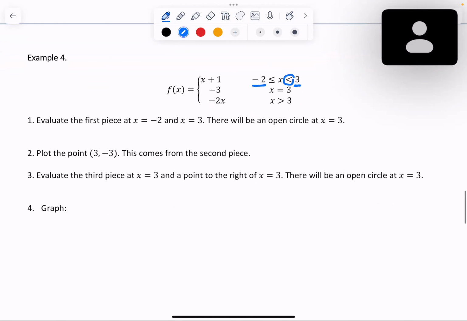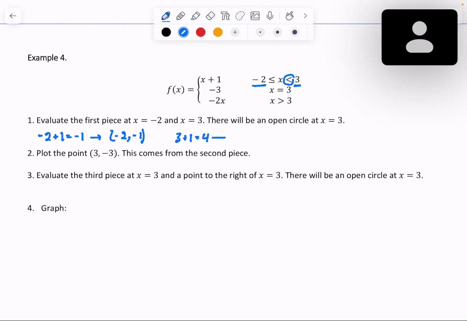So if we evaluate the first piece at x is -2, so -2 plus 1 is -1. So this corresponds to the point -2, -1. And then we evaluate this piece at 3. So if I do 3, it's 3 plus 1, or 4.